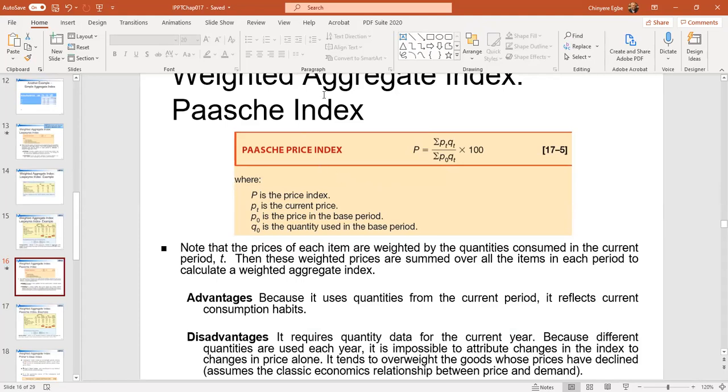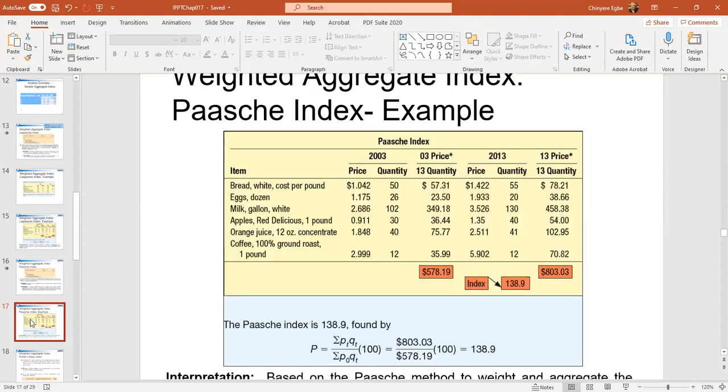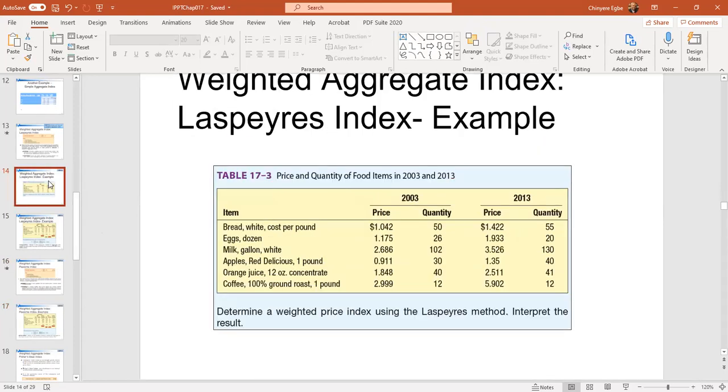It's another kind of weighted aggregate index. So let's see if we can pull up an example. There's an example here, and I'm going to also pull up another one. This is the Paasche index. This is the Laspeyres index.